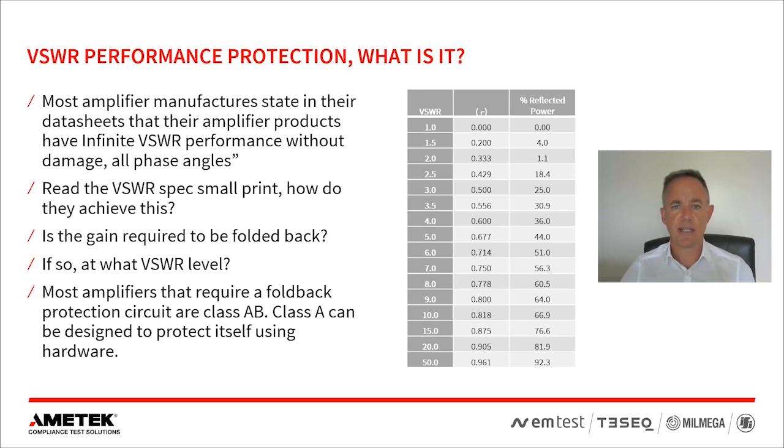This is because Class A can be designed to protect itself using hardware without the requirement to fold back, so it can be quite happy driving continuous power into an open or short circuit load condition. Most amplifiers that require some type of foldback protection circuit are biased Class A/B.